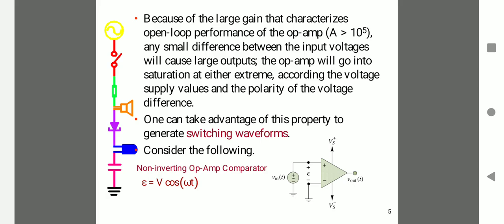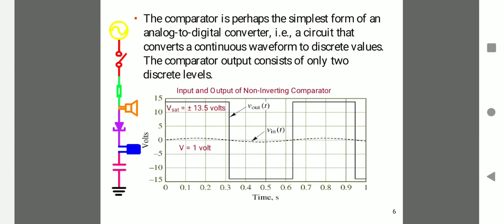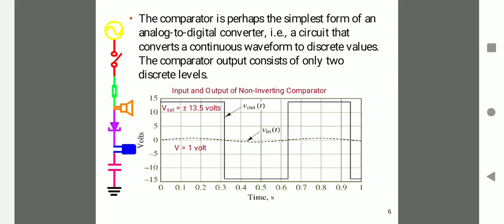That is, the op-amp will undergo saturation at either extreme according to the voltage supply and polarity. We can take advantage of this to generate switching waveforms. So we are considering the non-inverting operational amplifier comparator, with input epsilon equal to V cos omega t. This comparator is the simplest form of an analog to digital converter.